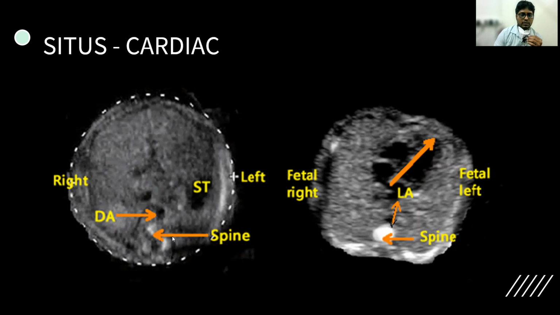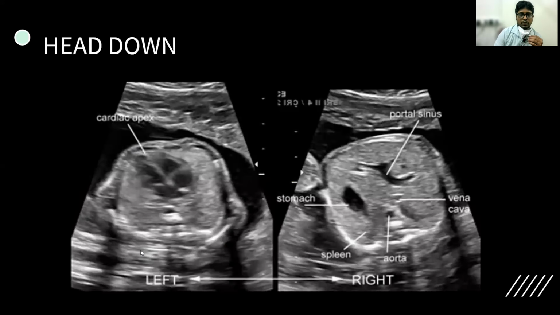To draw a clock face, keep the spine at 12 o'clock. We should look at the position of the stomach. If the position of the stomach is at 11 o'clock position, then the fetus is probably in the breech position. That means if the fetus is in breech position, the stomach should be at 11 o'clock position in relationship to the vertebral body.